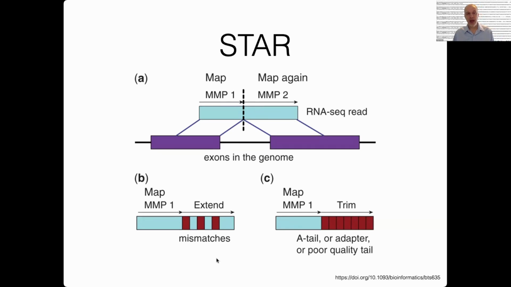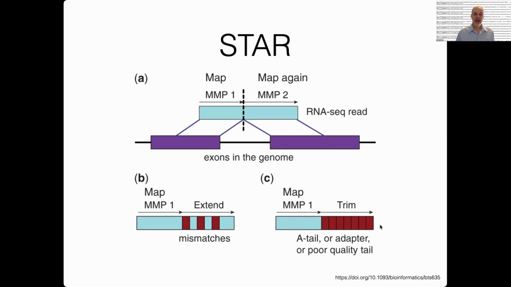The other thing that software like STAR needs to deal with is that you will often have a poly-A tail, the polyadenylation that's at the 3' end of messenger RNA coming from eukaryotes. And so you can find that in the RNA-seq reads that are coming off the sequencer.